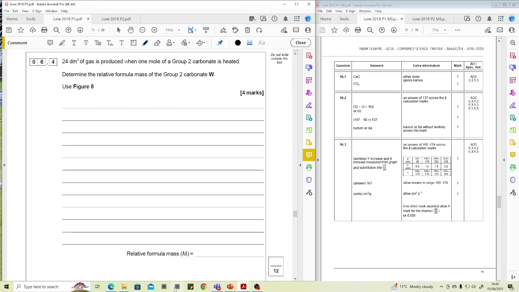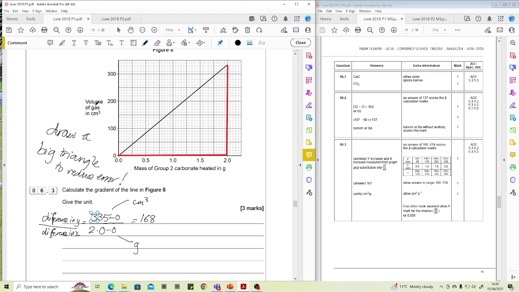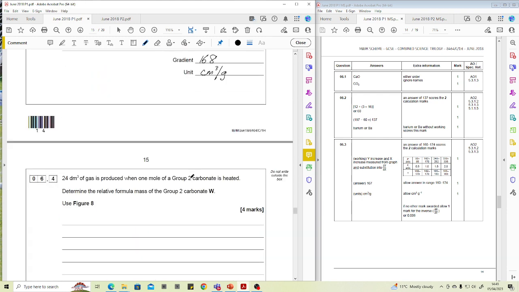Okay, 24 decimetre cubed of gas is produced when 1 mole of group 2 carbonate is heated. What's the relative formula mass of group 2? Whoa, okay, so how do we work out that? Let's have a look. So the volume of gas and the mass of group 2 carbonate, and then we could probably work out the relative formula mass from, yeah, okay, so we're going to need to end up using mass.